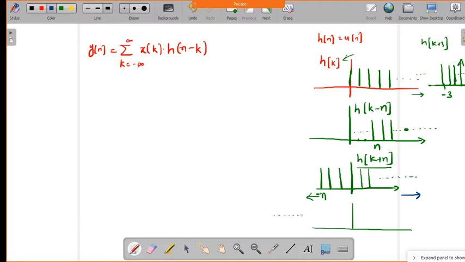The infinite duration signal goes in the backward direction if I take the reflection of h of k plus n. So if I reflect this signal, it will become minus k plus n. At what value will it be reflected? Till the value of n. So if I reflect the signal, it will be till the value of n.